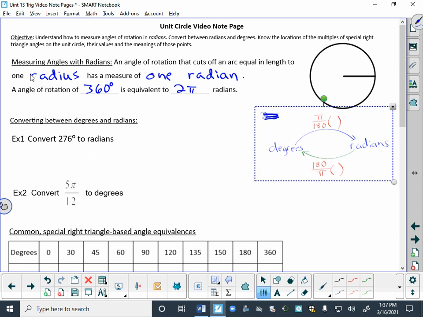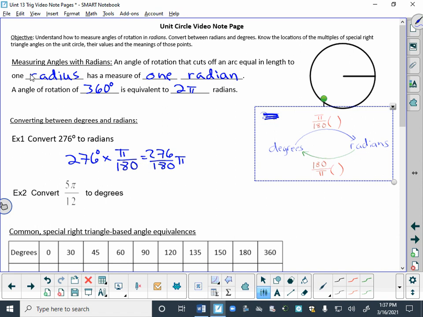So, example 1, convert 276 degrees to radians. Well, that means we're going to take the 276 degrees and we're going to multiply by pi and divide by 180. So that's going to be 276 over 180 pi, and we can do some significant reducing of that fraction. I should have done that ahead of time.